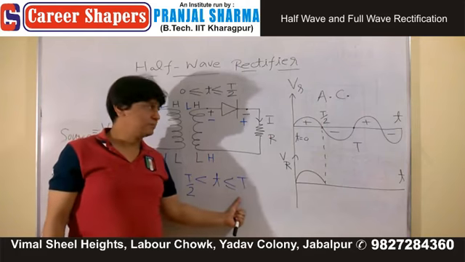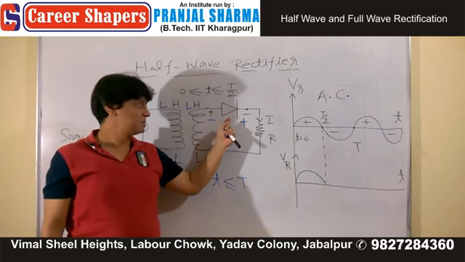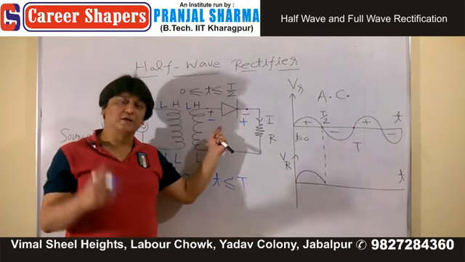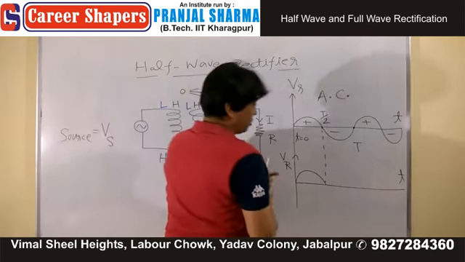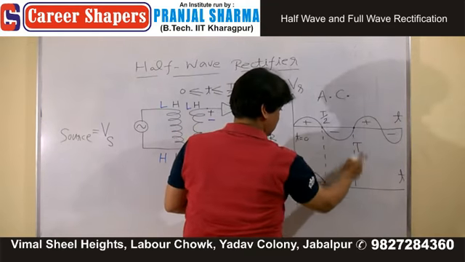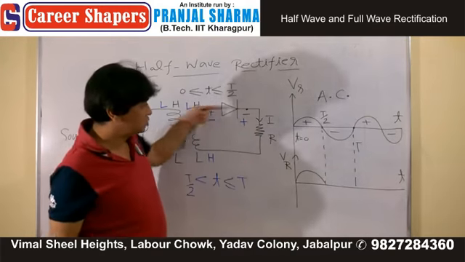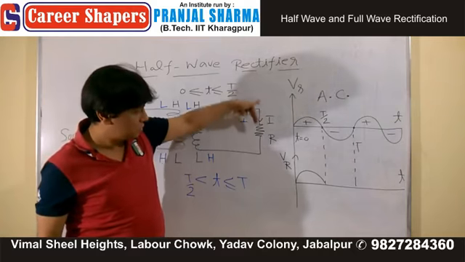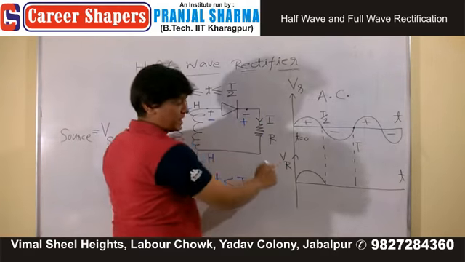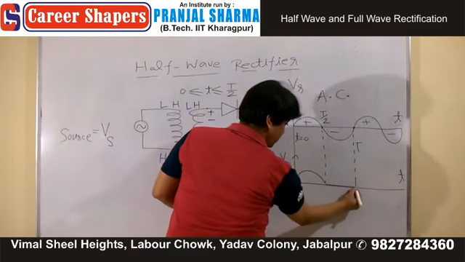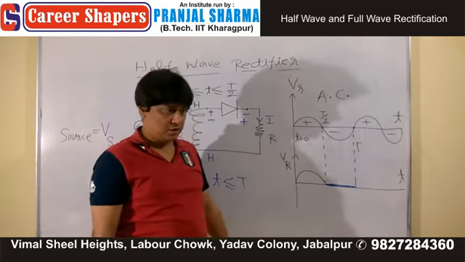Which means, in this portion, your diode is in reverse bias. And assuming an ideal diode, no current will pass through the diode and therefore through the resistor, which means there will be no potential difference, and you can show your graph like this, a graph touching the time axis.